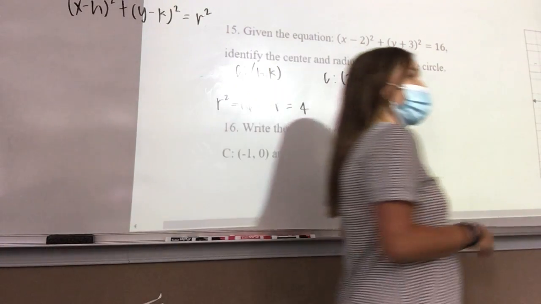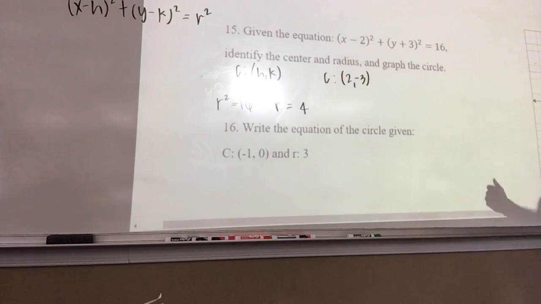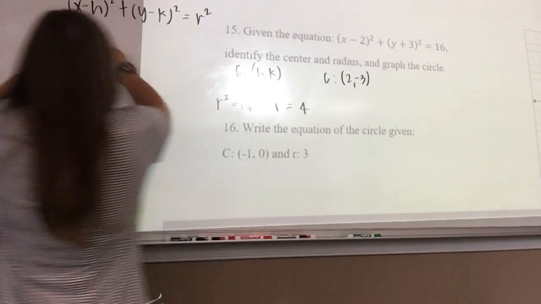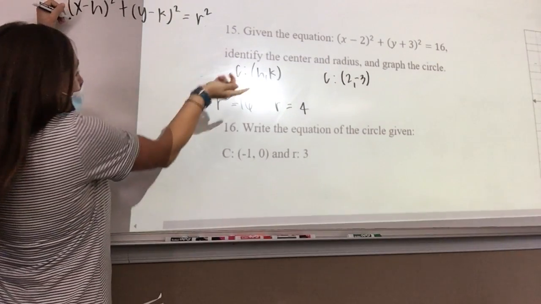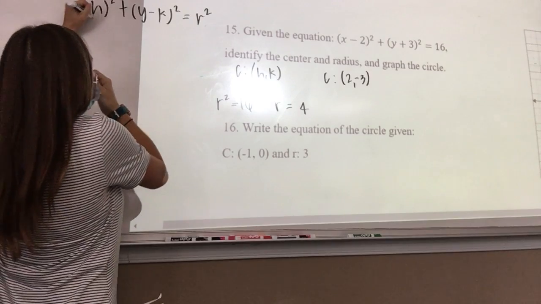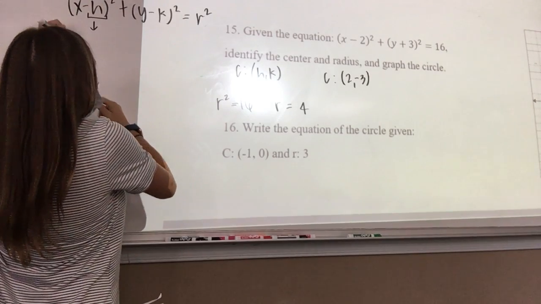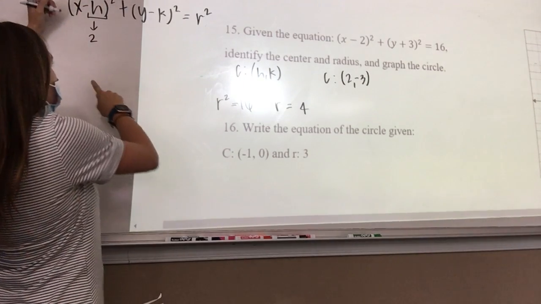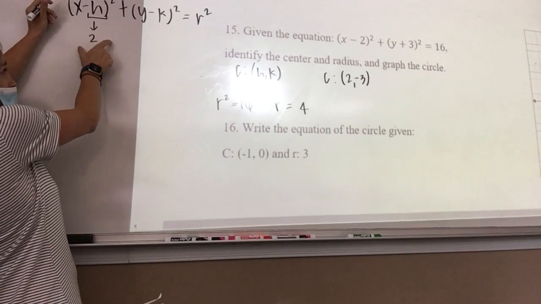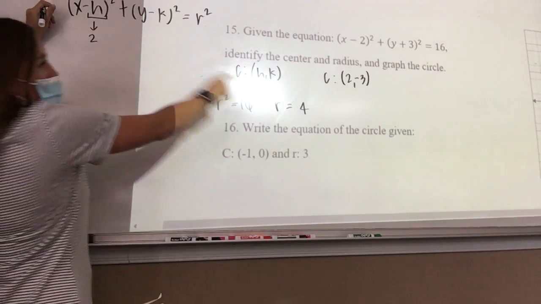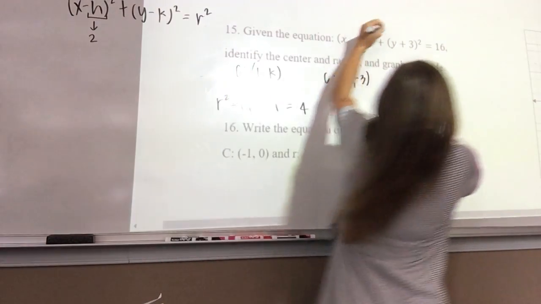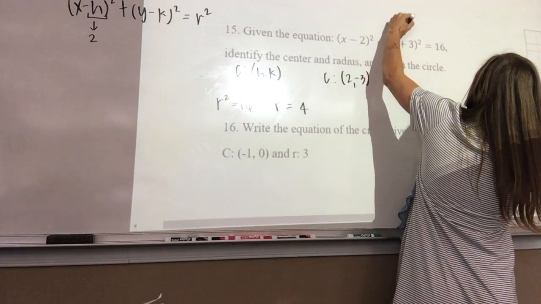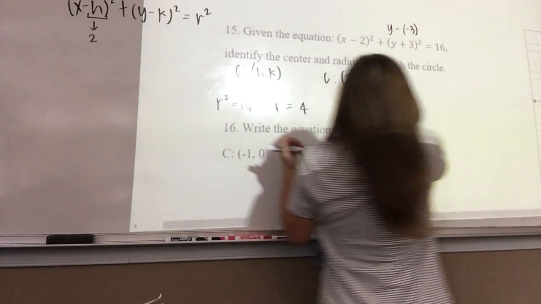Why are we changing the signs again? That is based on the formula. It's always x minus h, y minus k. So whatever that value is, that's your h. So your h is actually 2. x minus h is 2, so it's just positive 2. This is almost the same thing as y minus -3.